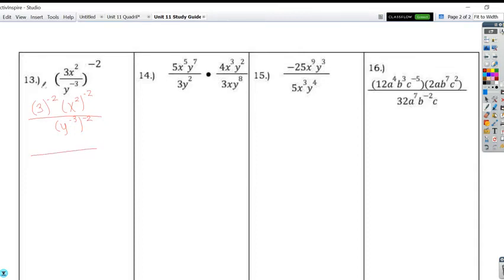So my 3 to the -2 is right now in the numerator. I'm going to move that to the denominator, make it a +2. And a power on a power, we're going to multiply that. So 2 times that -2 makes it a -4 exponent for us. And y to the -3 to the -2, again, an exponent sitting on an exponent is going to need us to multiply. So -3 times -2 makes +6.